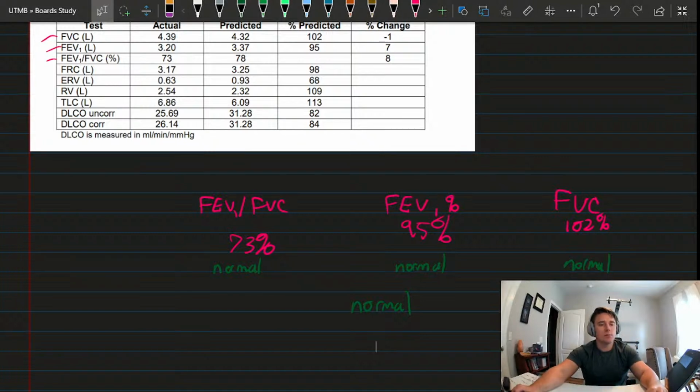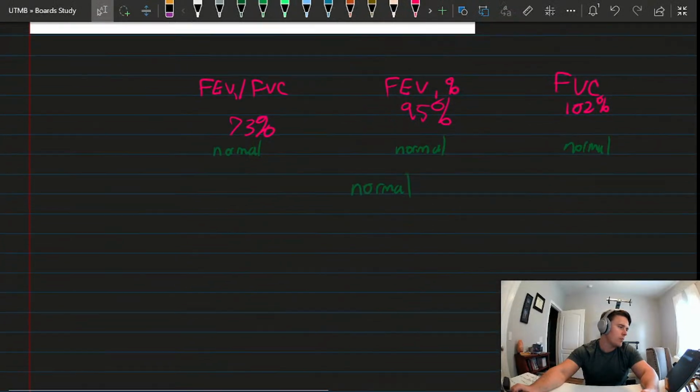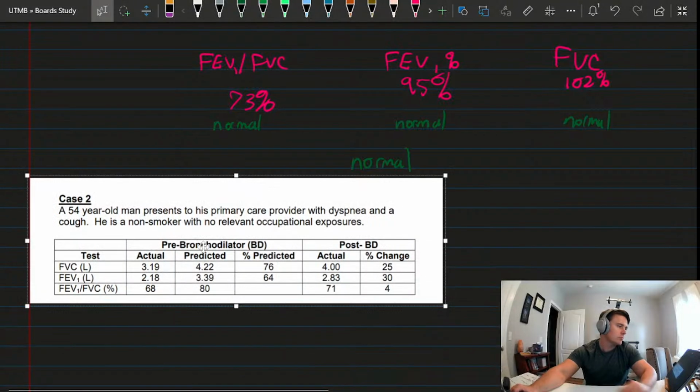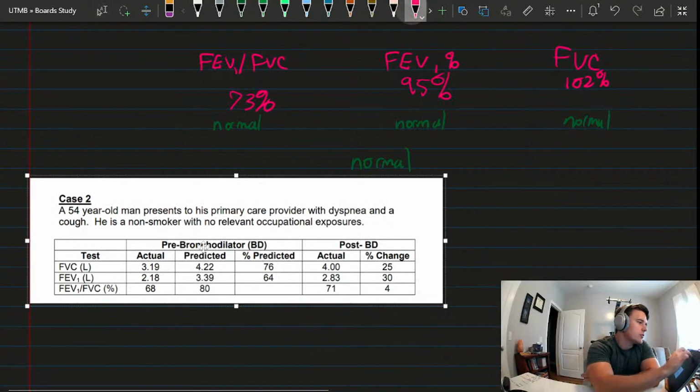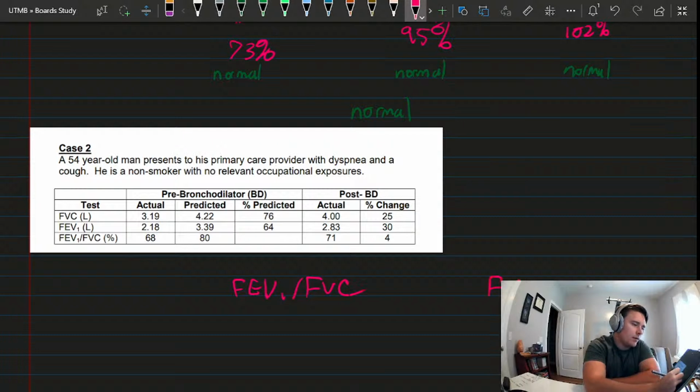Okay, case number 2. So let's write our numbers. So we've got FEV1 over FVC.